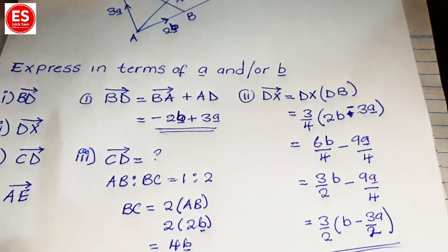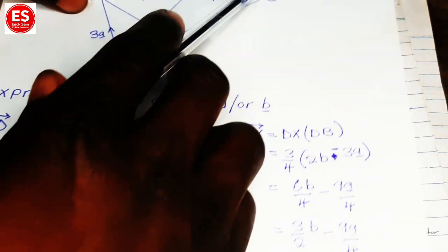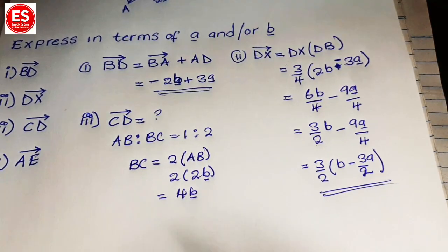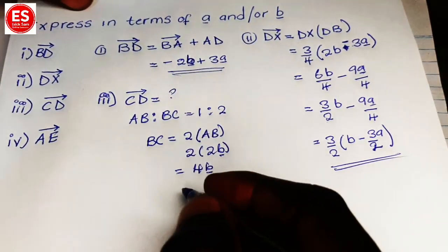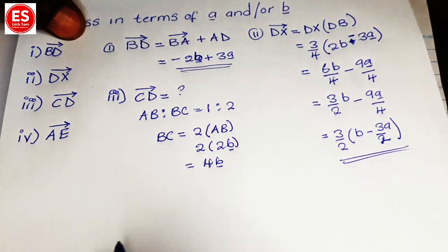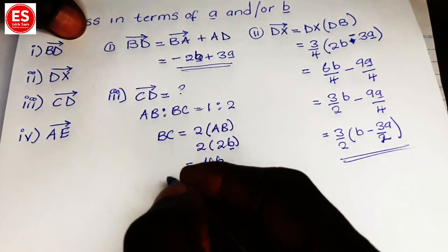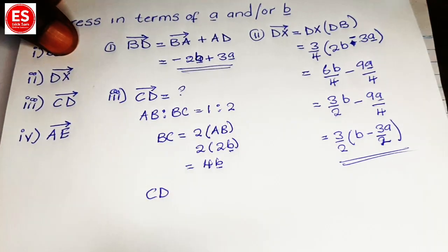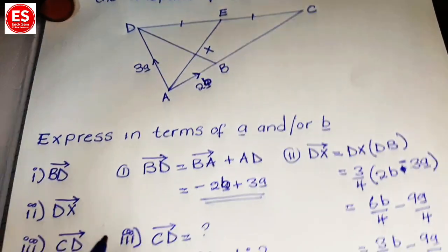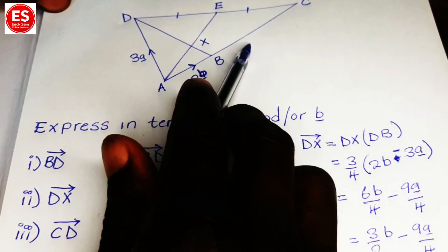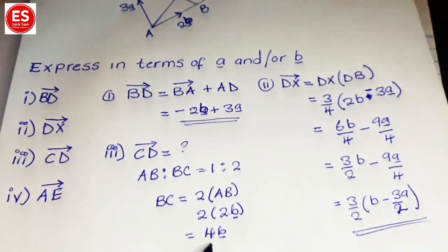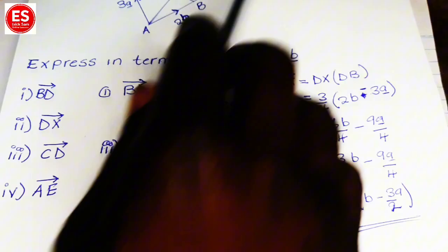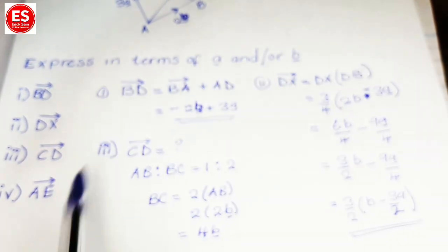BC is double AB. All right, so hopefully you are following. Then from there, now you can find the answer. You're going to say CD. Remember, if there is 4B here, according to what we found, so the total distance when you add this one plus this one, you're going to have what? 6B.